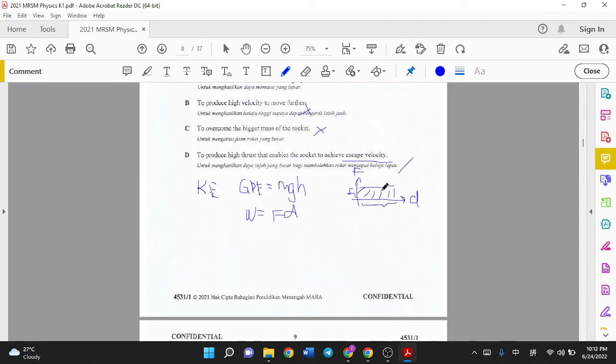So basically, the area under the graph for the force-distance graph is the work done. So here the area under the graph will be the work done. We learned that you want to find the area under the graph. In your Maths chapter 3, if I'm not mistaken, you integrate the equation and you will get the area under the graph.